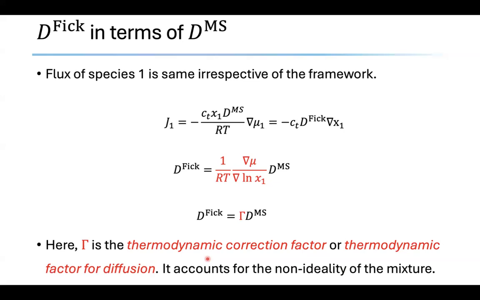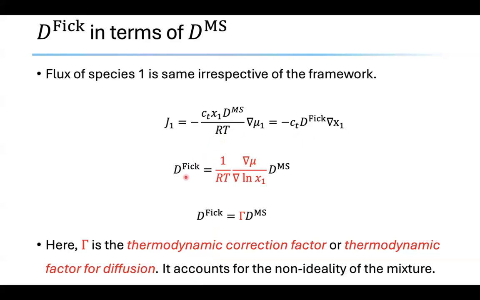Thus, you can now equate the flux that was calculated with regards to the gradient in the concentration to the flux that was calculated or expressed as a gradient of the chemical potential. The resulting equation is as shown here.